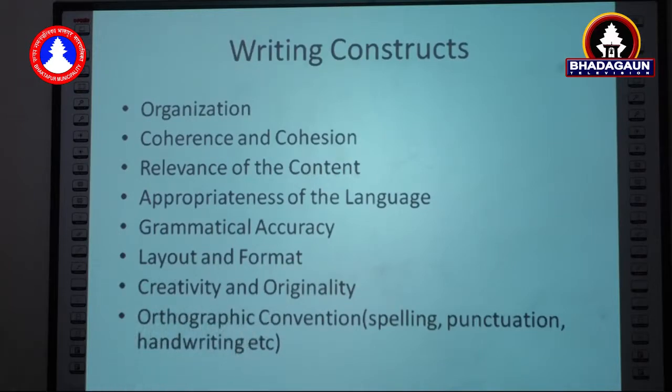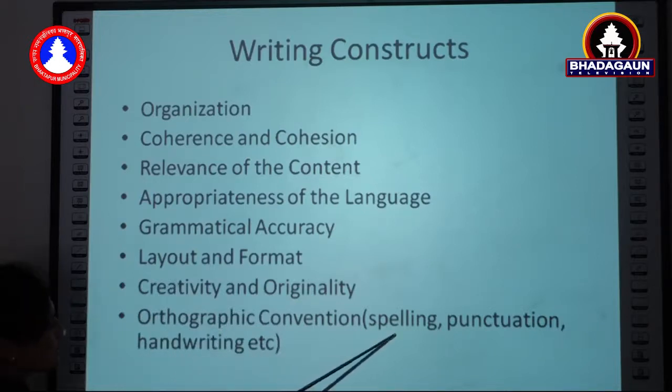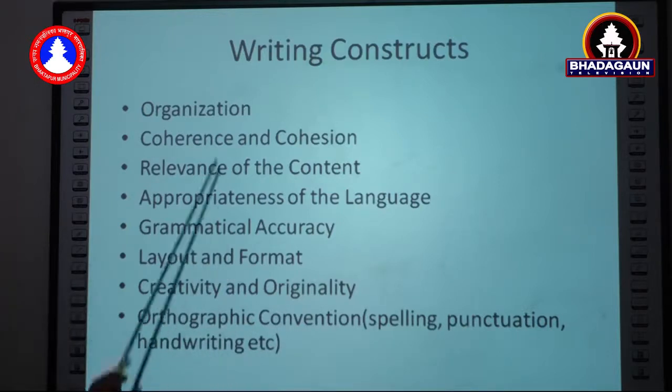To do so, you have to come up with lots of ideas from the conversations you generally have in your daily life. And very importantly, orthographic convention, which means focus on spelling, punctuation, and very importantly handwriting also. So these are the constructs under which your 6 marks are divided.